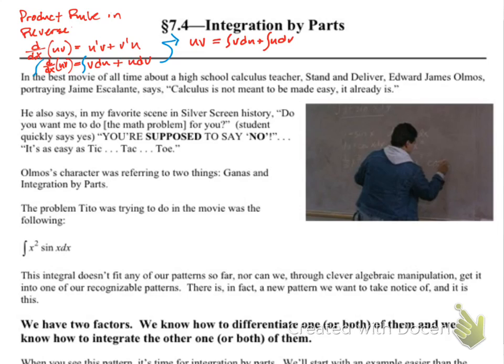What we're going to do is take that u dv piece on the right-hand side. We're going to solve for the integral of u dv, because that gives us an integral. We can break up any product integral into a u part and a dv part. So what I'm interested in is what that equals if I use this expression to rewrite it. Here it is: the integral of u dv is equal to uv minus the integral of v du.